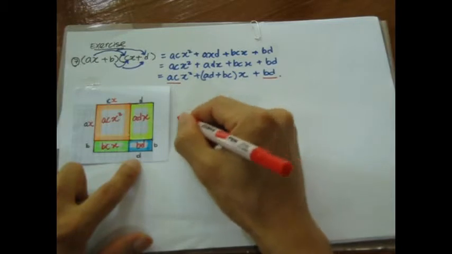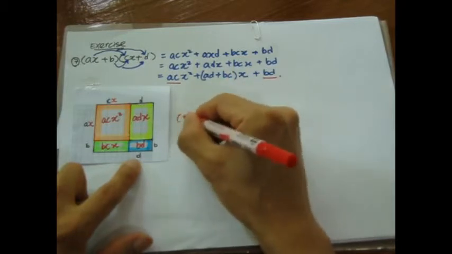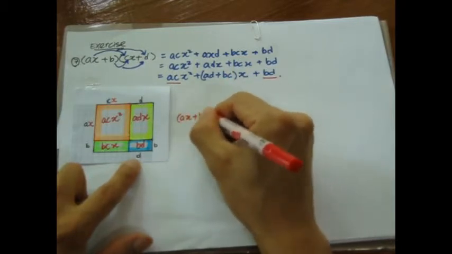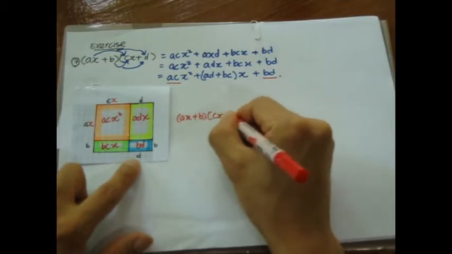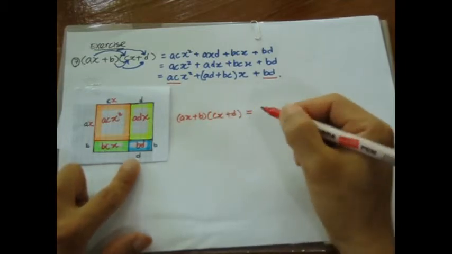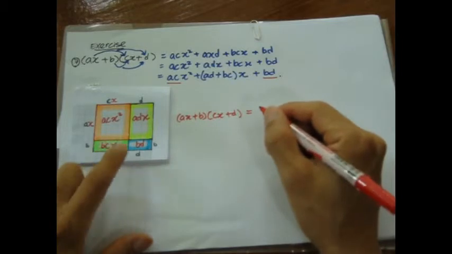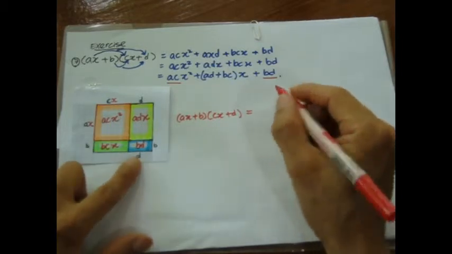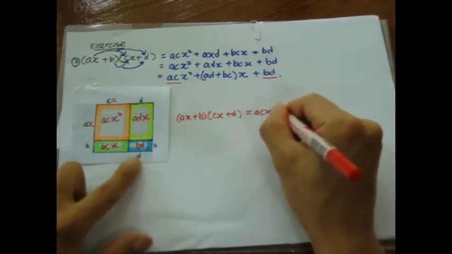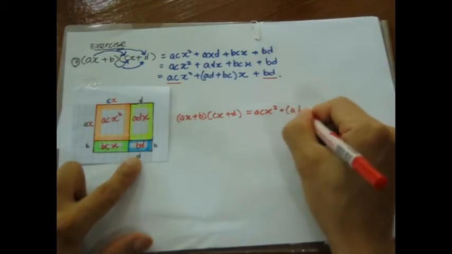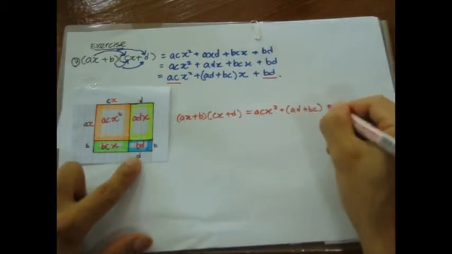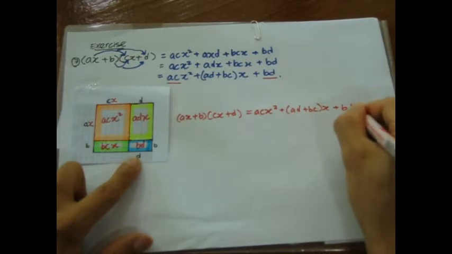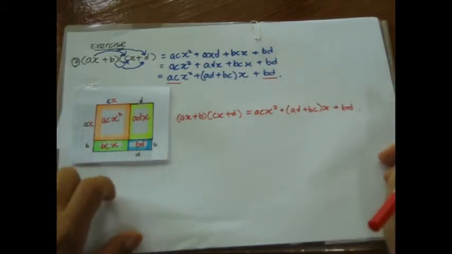So it's easy to see that Ax plus B times Cx plus D is just the sum of the different boxes: ACx squared plus (AD plus BC) times x plus BD, which is exactly the same.